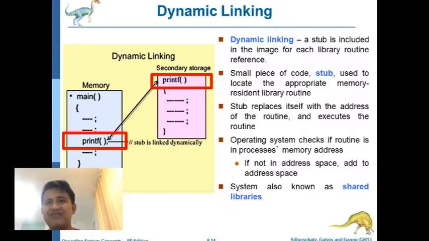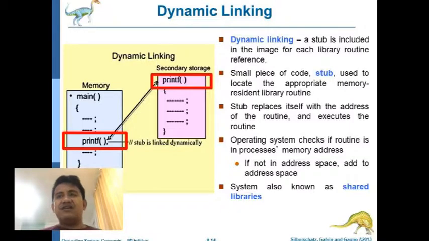Now what if the routine is not located in the main memory? If it is not, it will be added to the address space. Since it requires time for your system to look into those libraries for it to be added in the address space, it is a case-to-case basis.